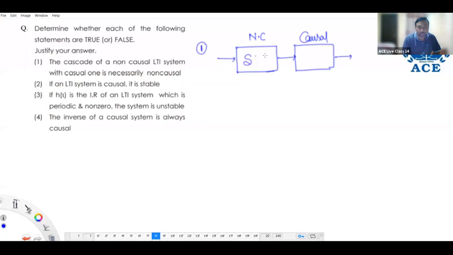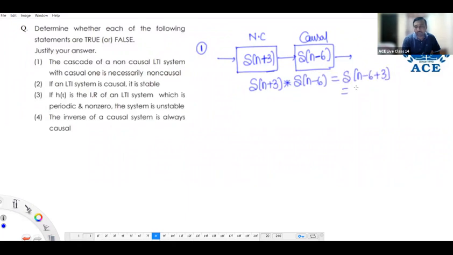If I choose delta of n plus 3 and another one delta of n minus 6, after convolving them, the resultant answer is delta of n minus 3, which is causal. But the word necessarily non-causal is used. False.